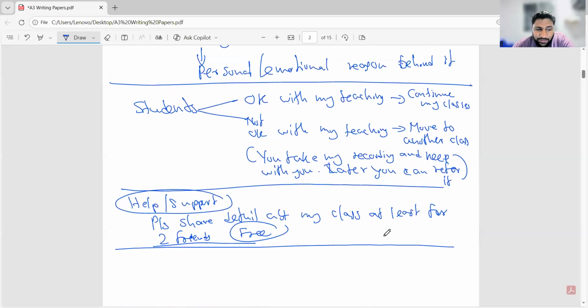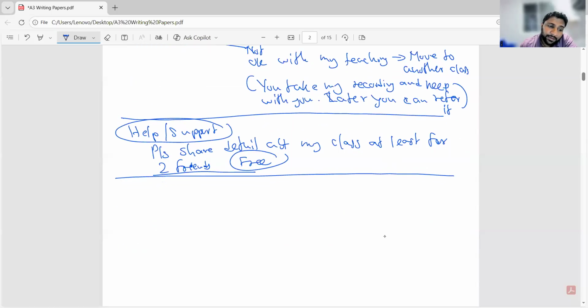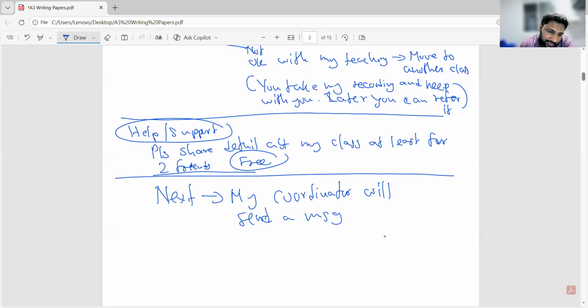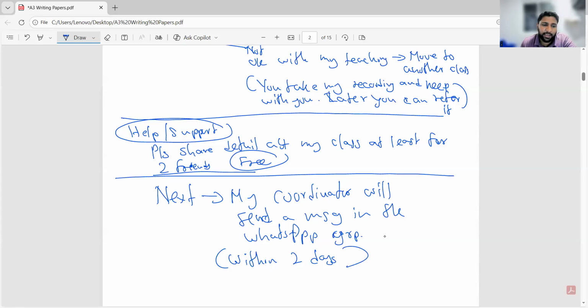When can you get the news? My coordinator will send a message in the WhatsApp group about the next step, within two days.